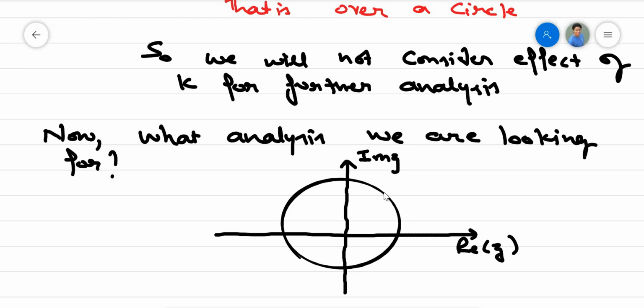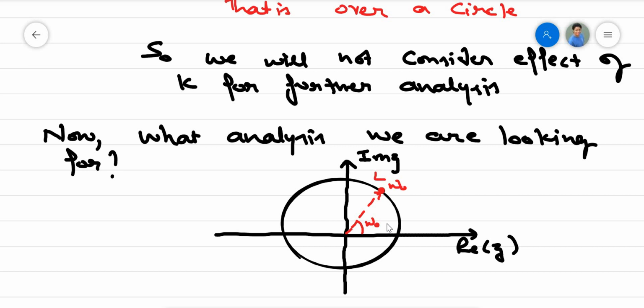So we are just interested in this particular frequency, which we'll name omega naught, and this particular point we are right now calling point L. Right? So if we plot a vector in this direction, it has an angle omega naught.